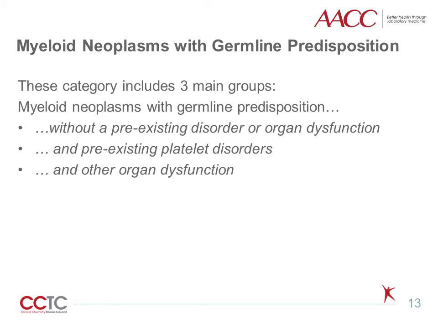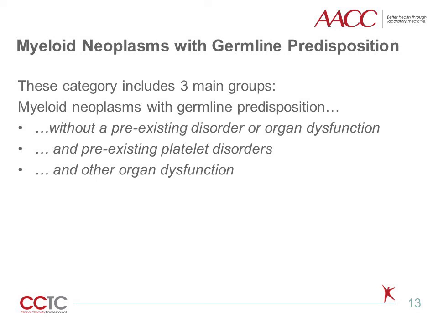There are three main categories within this subgroup. First is myeloid neoplasms with germline predisposition without a pre-existing disorder or organ dysfunction. These include AML with germline CEBP alpha mutations or myeloid neoplasms with germline DDX41 mutations. Second is myeloid neoplasms with germline predisposition and pre-existing platelet disorders.